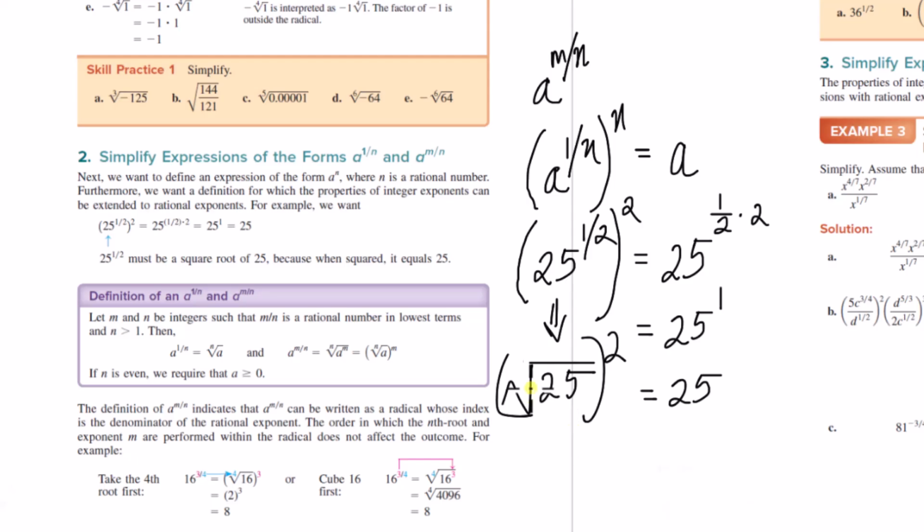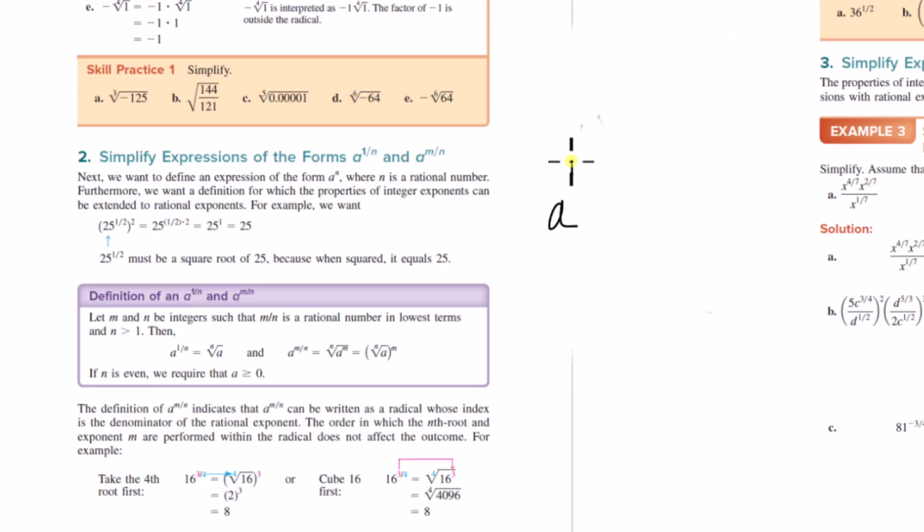That's based on the definition of a root. So we can say that a to the 1 over n is equal to the principal nth root of a. And there we go. That's the definition of a to the 1 over n.